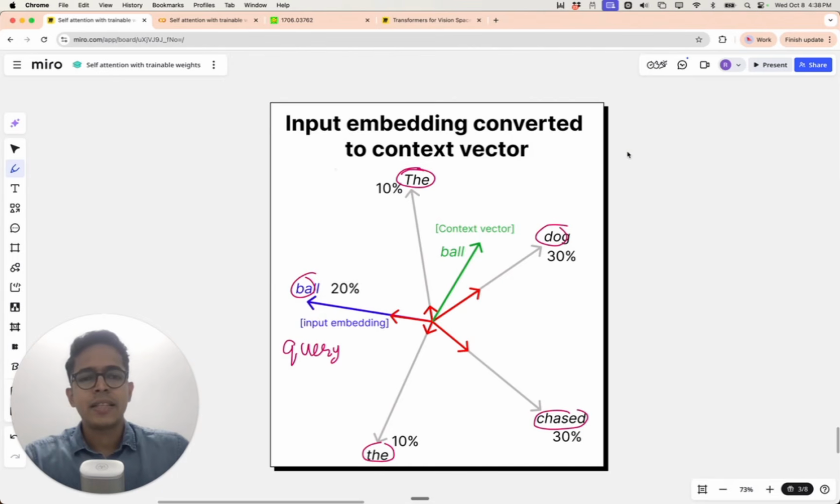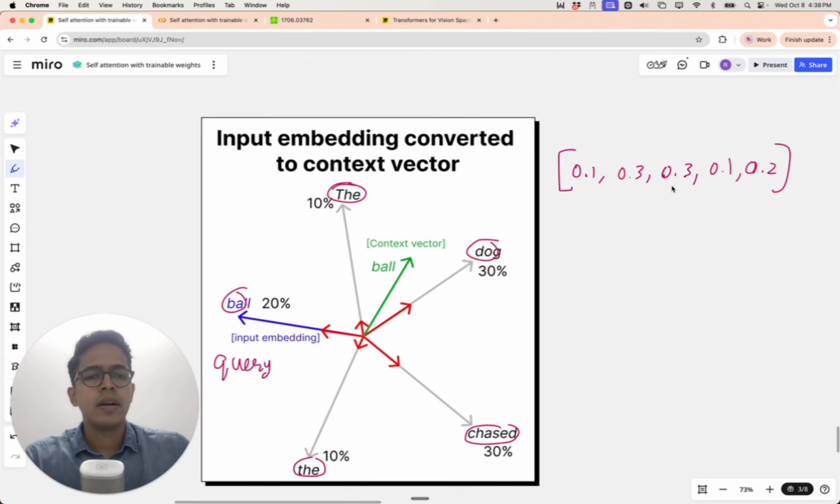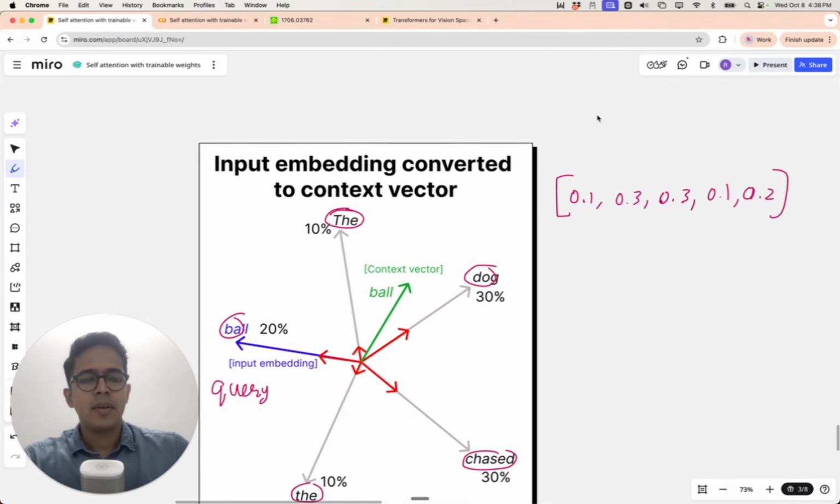If the attention weights are like this, 0.1, 0.3, 0.3, 0.1, 0.2, these numbers add up to 1. So these are the attention weights corresponding to "ball": how much attention "ball" should pay to each vector.